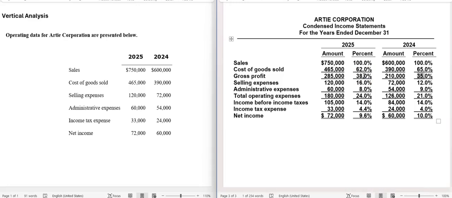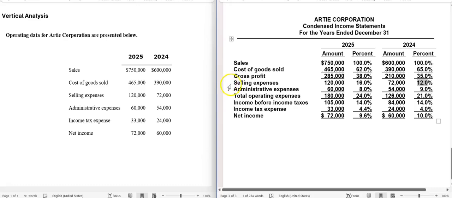So what caused our overall income to go down? Well, it looks like our selling expenses were 16% of our revenues this year, whereas last year they were only 12% of our revenues. Obviously, we would prefer to have our expenses controlled and staying either the same or even coming down a little bit.